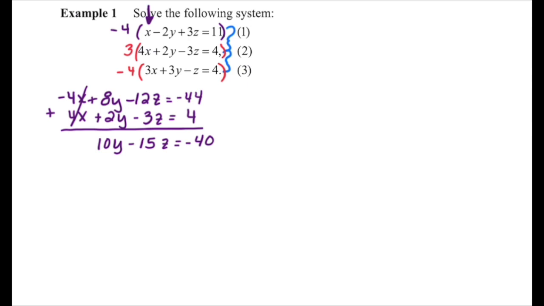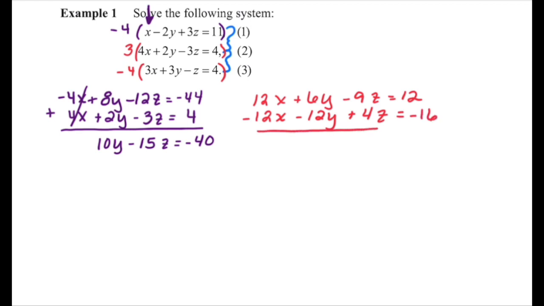So distributing 3 across, I'll have 12x plus 6y minus 9z is 12. When I distribute negative 4, I have negative 12x minus 12y plus 4z equals negative 16. We'll add these together. Our x values disappear, and I now have negative 6y minus 5z is negative 4.